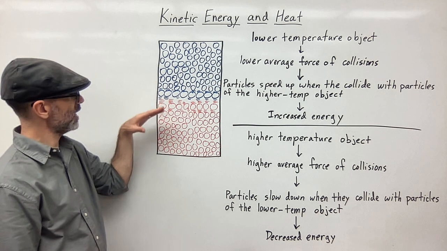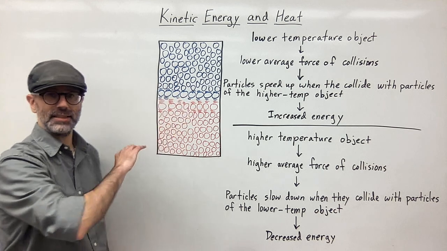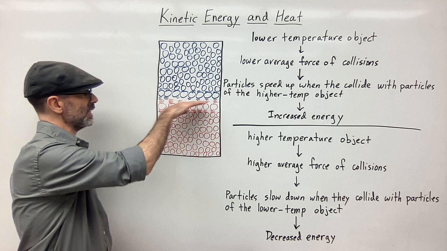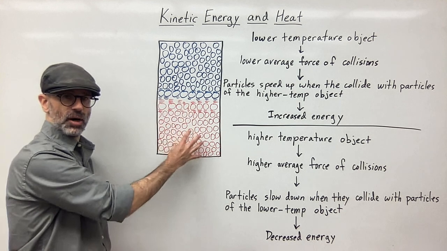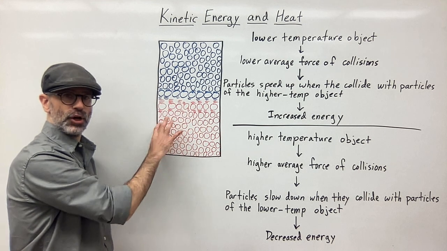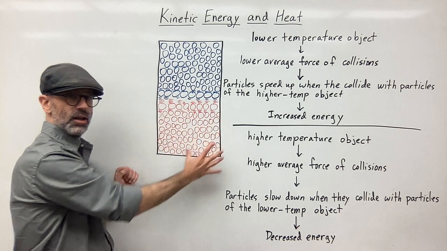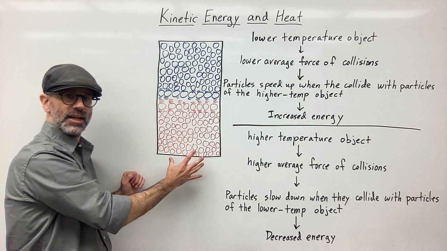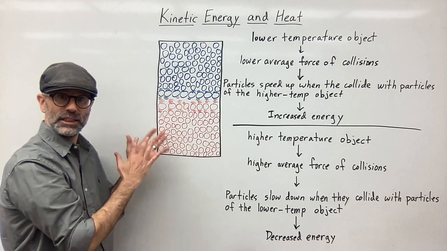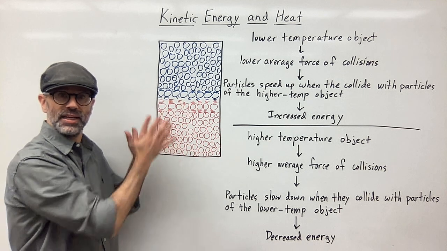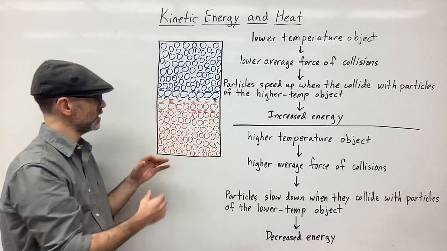So as I said, the particles at the surface are in contact with each other, so there's going to be collisions here. So here there's collisions between the particles, but they're transferring heat between each other. So the overall average kinetic energy of this object doesn't really change because they're just transferring the energy between each other, and it stays within the object itself.